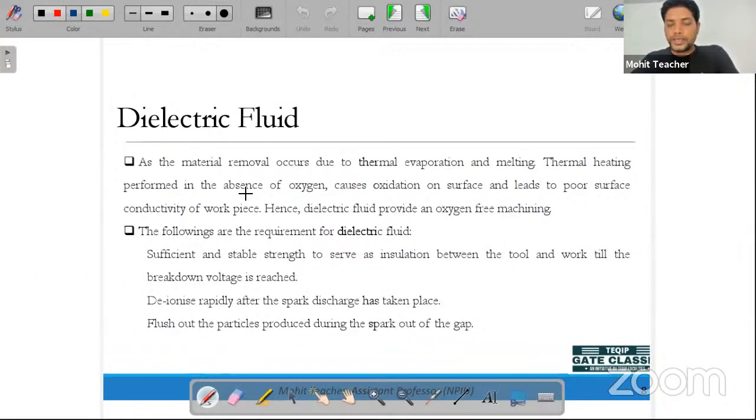Now let's move on. I am briefing you about the dielectric fluid and the electrode material, then we'll move to the analysis part. What characteristics are required for the dielectric fluid, and why are we using it? You are all aware of this from welding. In shielded metal arc welding, consumable electrodes are used.